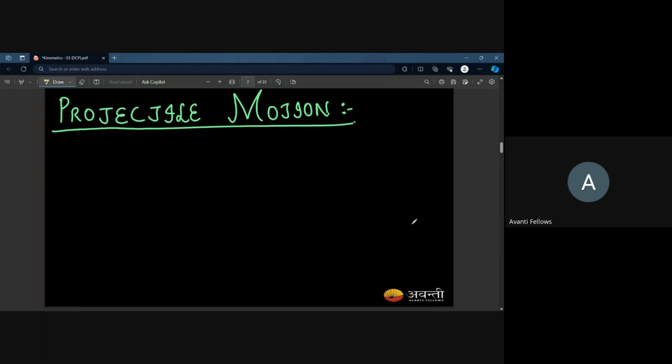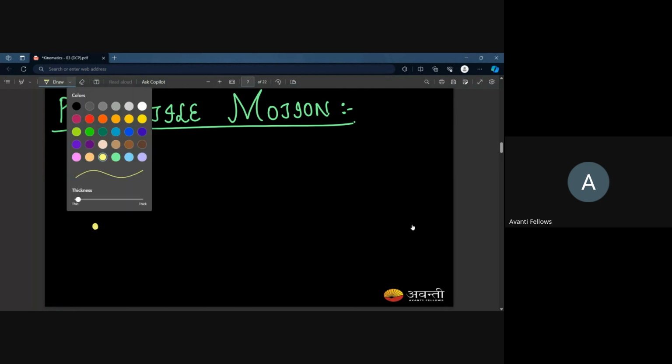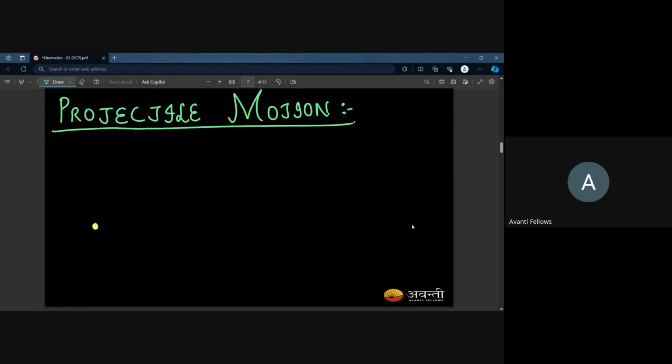Projectile means that if a stone or a ball, I throw this at some angle with the horizontal direction, making angle alpha.